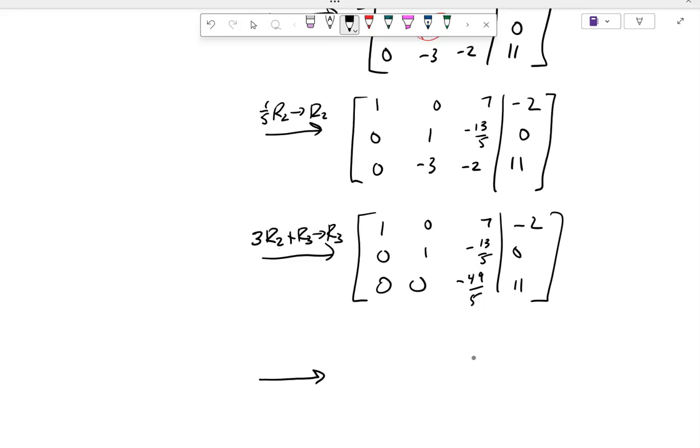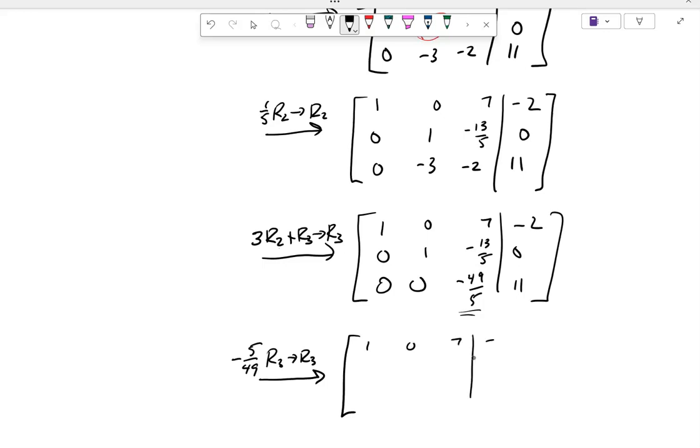All right. We got a 1, we got zeros. We got a 1, we got zeros. Next step, get a 1. I need to multiply this by its reciprocal, right? So I need to take negative 5 over 49, row 3, and replace row 3.